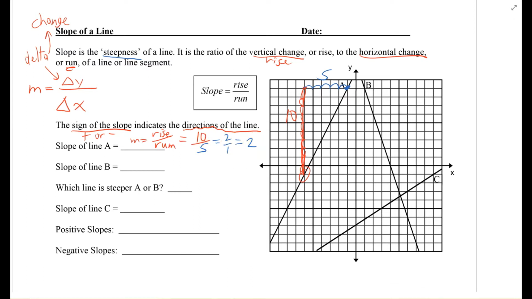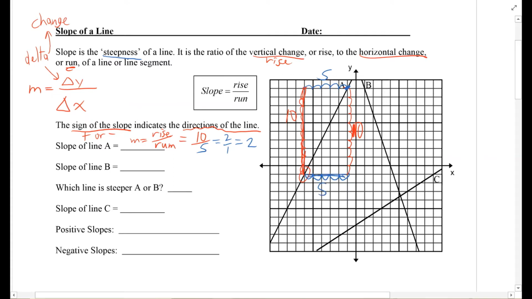Now, there's other slopes that we could have picked as well. We could have gone the other direction. We could have counted our run this way, 1, 2, 3, 4, 5, and then counted our rise this way, 1, 2, 3, 4, 5, 6, 7, 8, 9, 10. And so we'd still get a rise of 10, and we'd still get a run of 5.